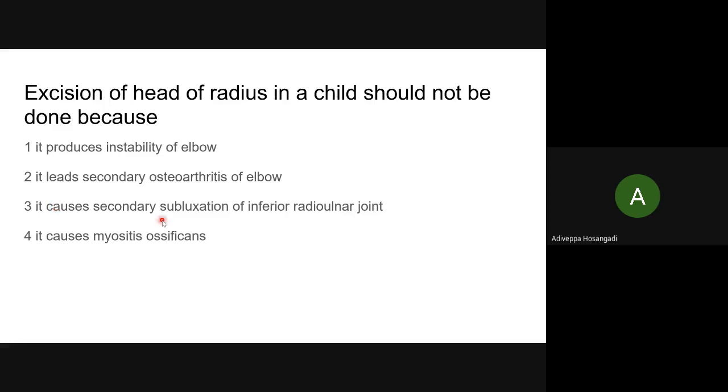Look at this: secondary subluxation of the inferior radioulnar joint. What happens if you excise the radial head, which is still growing? It is a growing end of the radius. So the ulna grows longer, the radius will stop growing. There is a discrepancy between the radial and ulnar length.